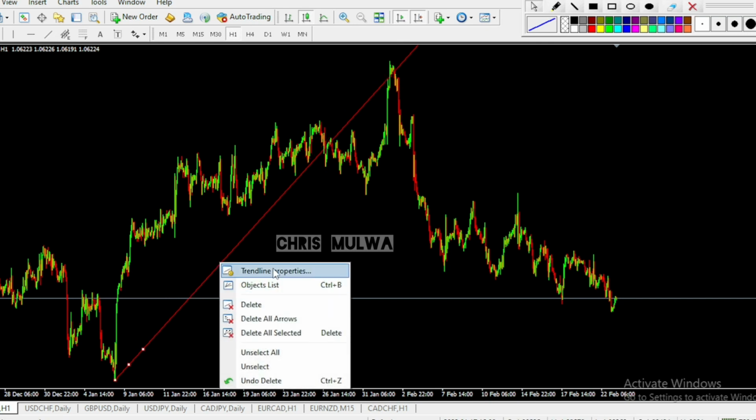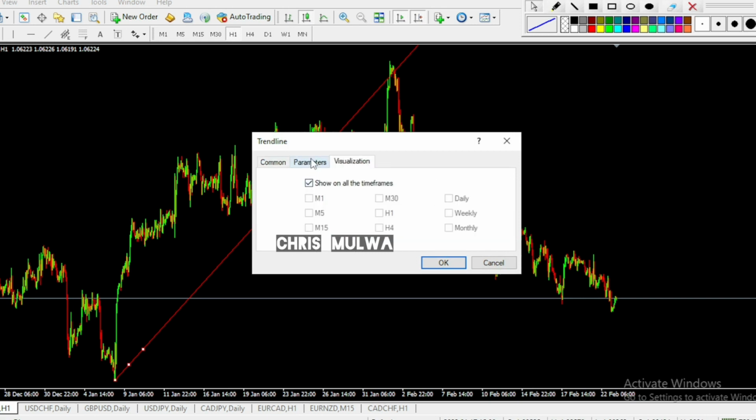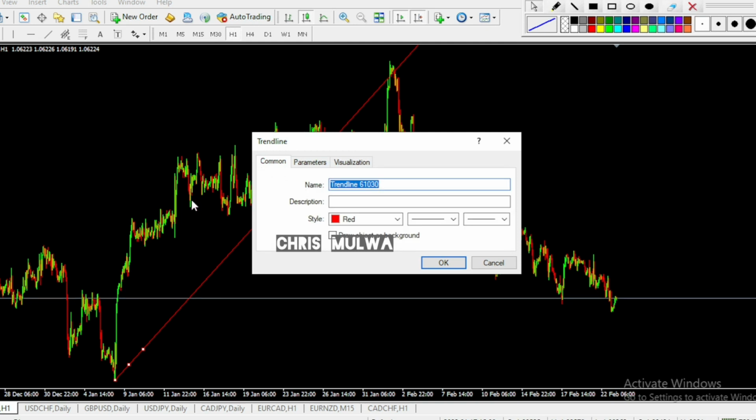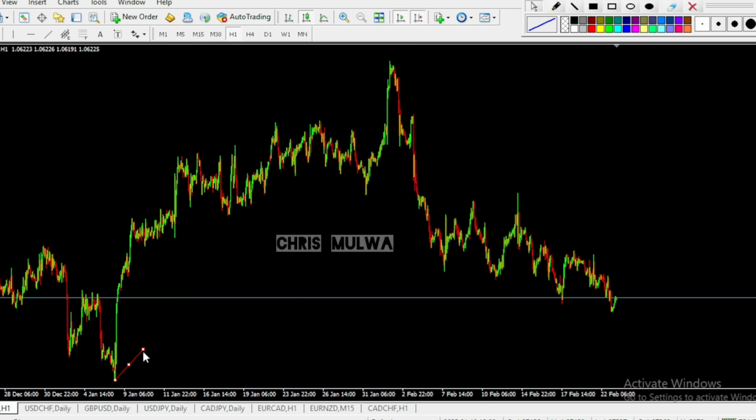It's long since I used this tool. We remove the ray. Where is the ray? Go to visualization, parameters, visualization. We remove the ray. Yeah, that's right.